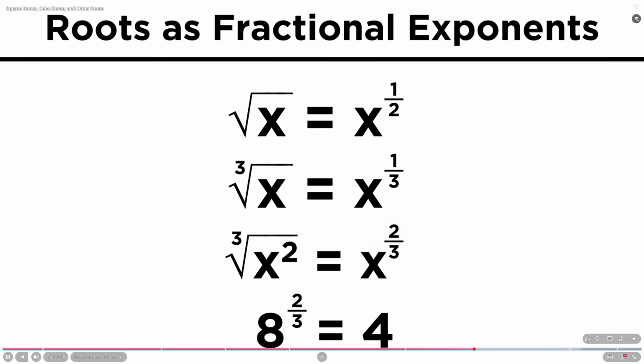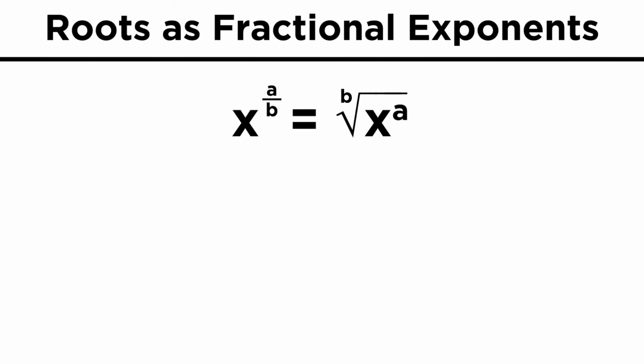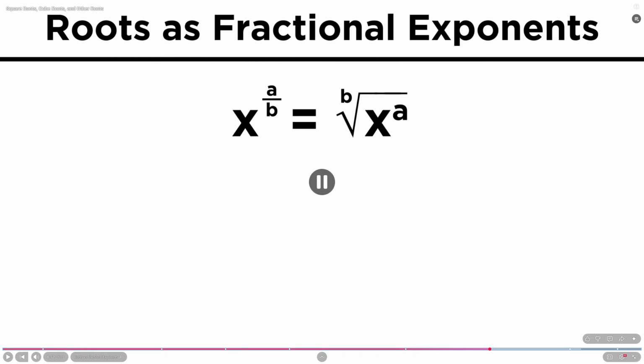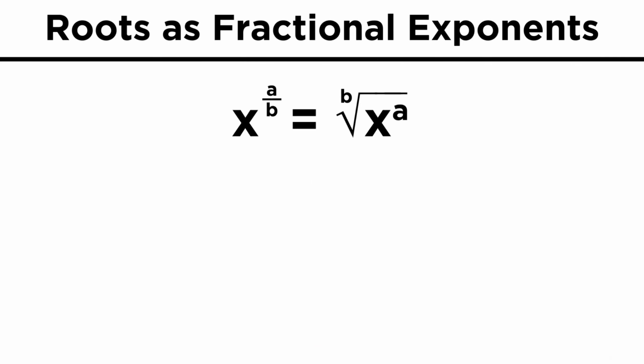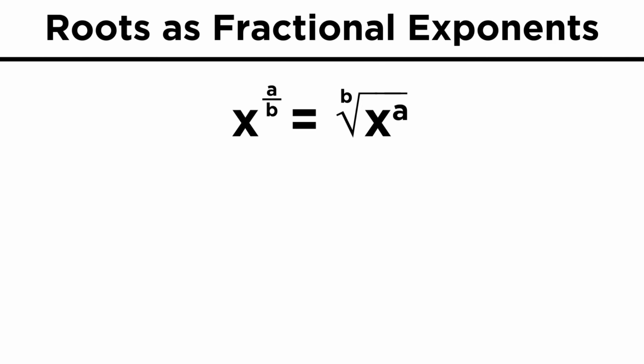In this way, x to the a over b power simply means to multiply x by itself a times, and then take the b root.